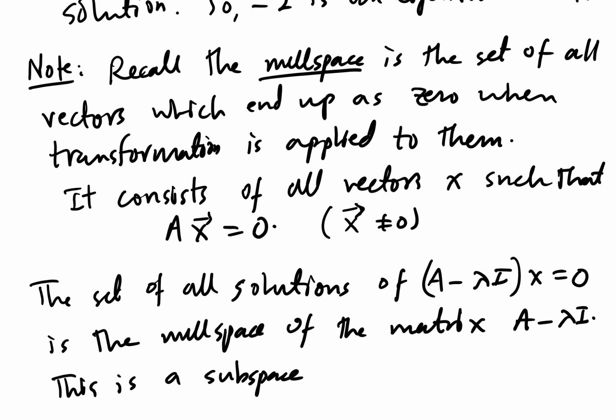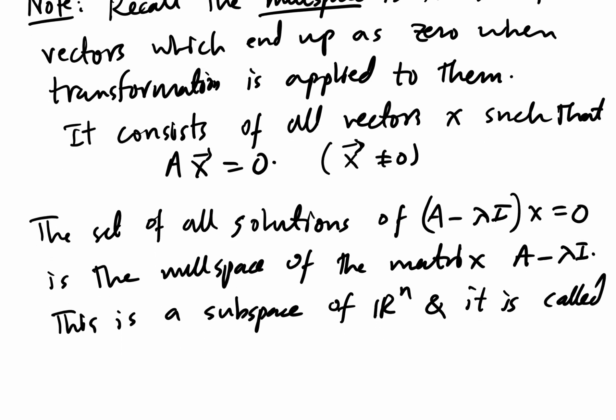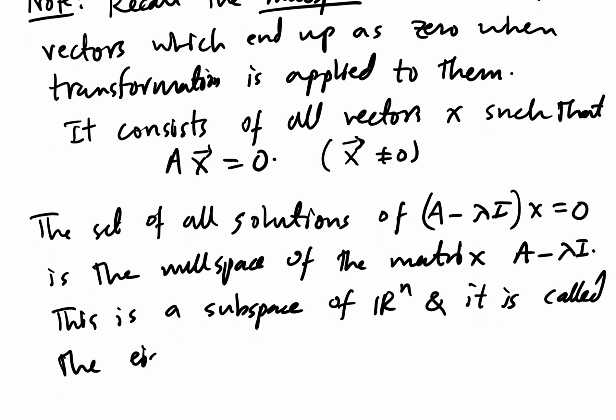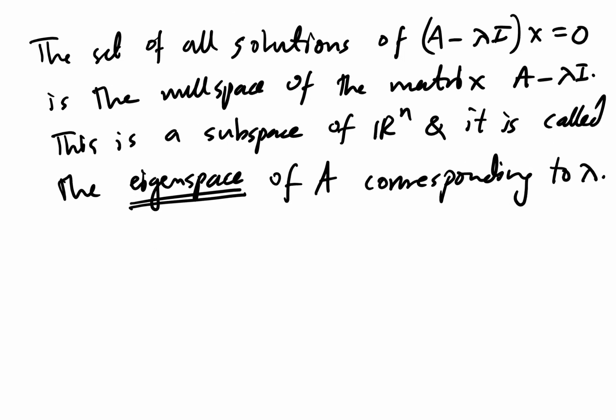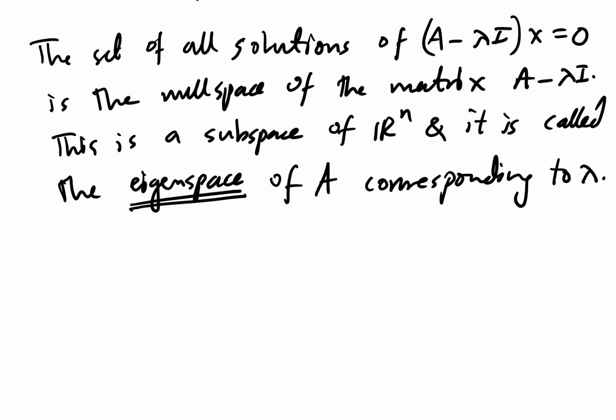The null space is always a subspace of R^n, and it has a specific name. You know how we have eigenvectors, eigenvalues, that's called the eigenspace of matrix A corresponding to lambda.